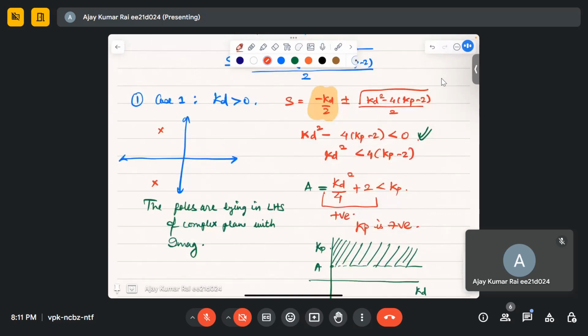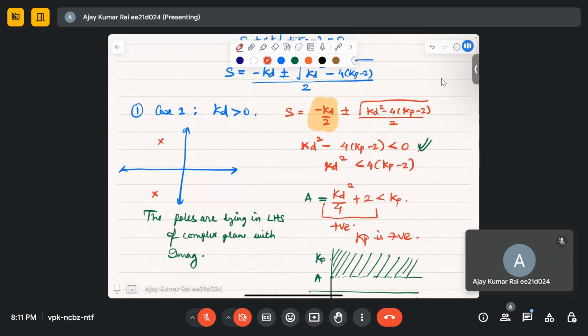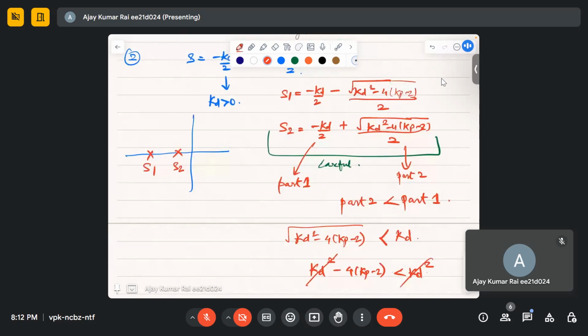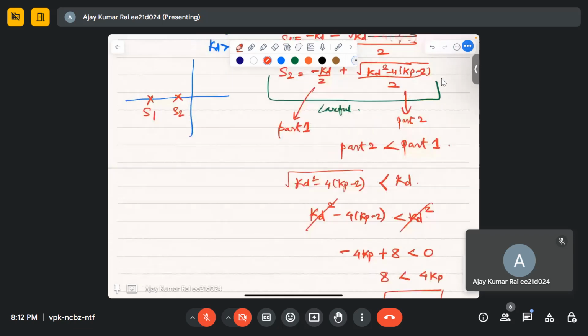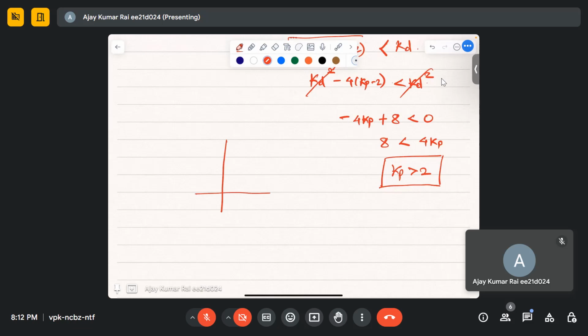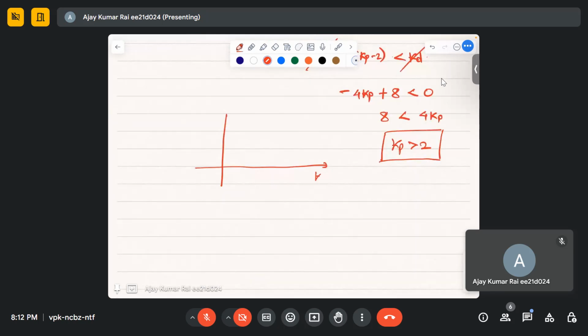KD is greater than 0 in both the cases. See, in case 1, KD is greater than 0 and KP is greater than this value. In the second case, KP is greater than 2. Let me plot this also. I have plotted KD here and KP here.